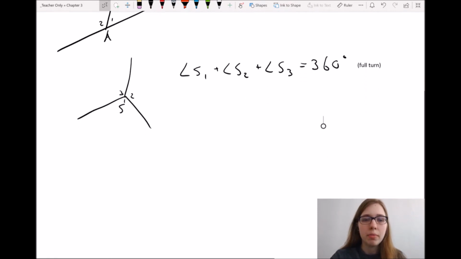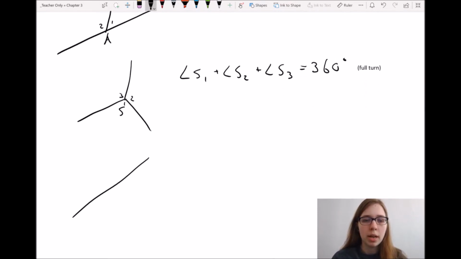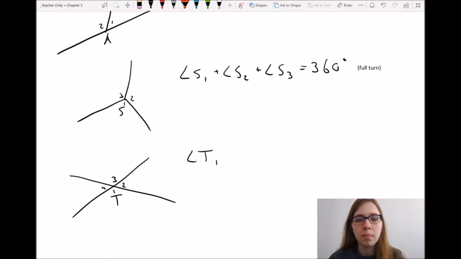Lastly, if we have just any two lines that intersect each other, then the two opposite angles, so angle T1, is the same as the opposite angle. And also for the others, of course, angle T2 and T4 are the same.